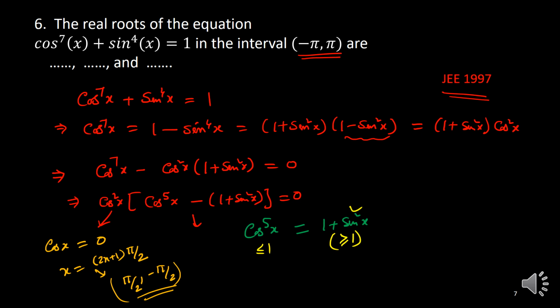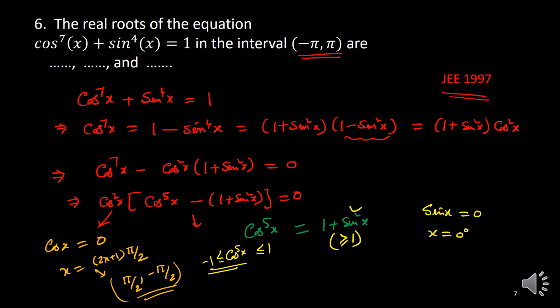Obviously it cannot go beyond 1; it can also be minus 1, but that is not important for us. What is important is when they can have an equal sign. The equal value could be 1: the left side is 1 and the right side could also be 1. There is only one possibility, when sin x equals 0, which means x equals 0 degrees or 0 radians. At x equal to 0 we will have this.